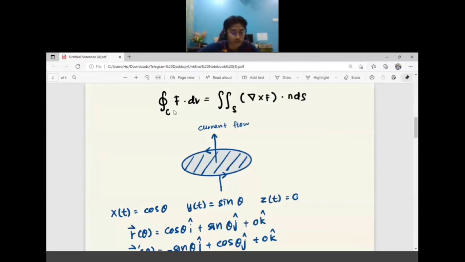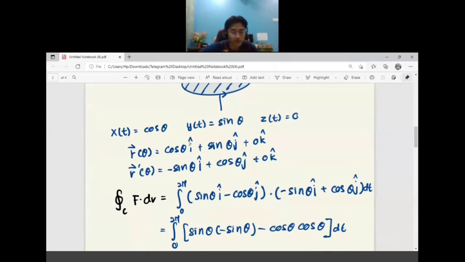From this formula, we know that the Stokes theorem is an equality between two relatively different things. On the left hand side is the circulation around the curve, and on the right hand side is the curl of F dotted with the normal direction n.